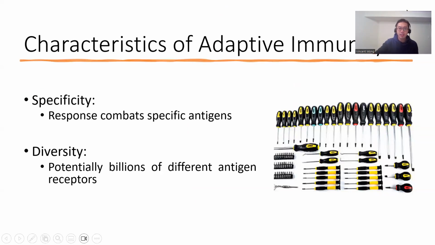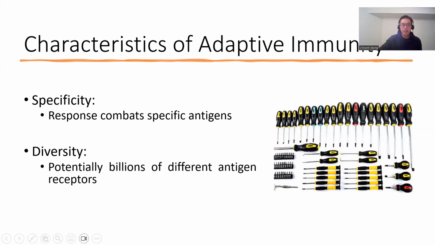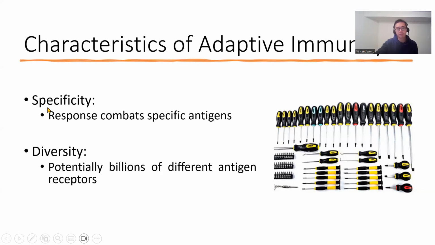The adaptive immunity is also high in specificity and at the same time very diverse. The best way to visualize this is to think of a set of screwdrivers. Each screwdriver is very specific in terms of the kind of screws that you can turn.